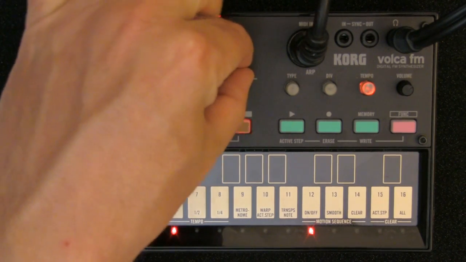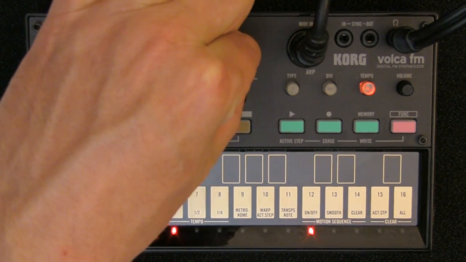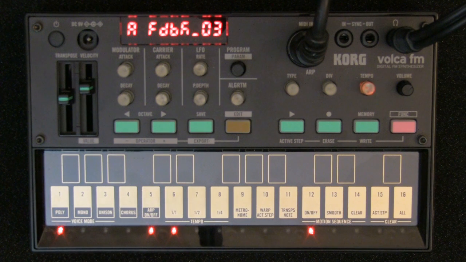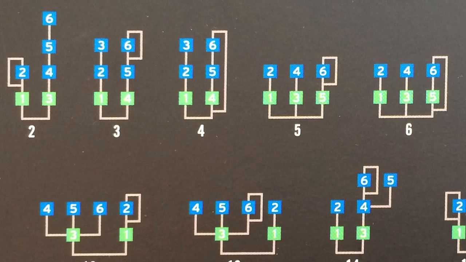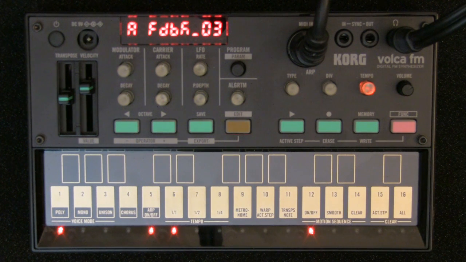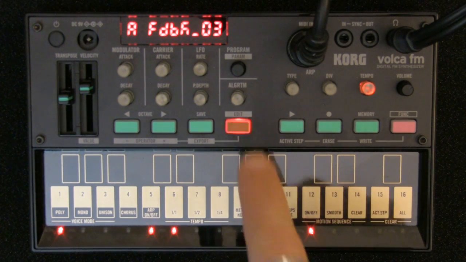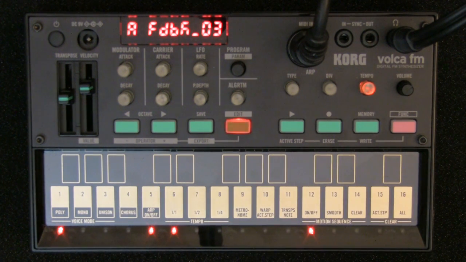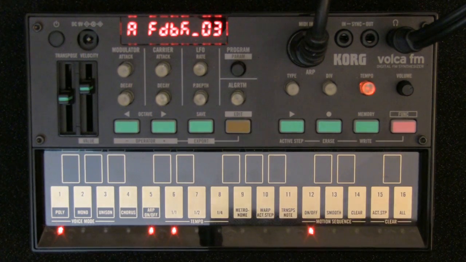Beyond that, we have feedback. Now, if you look back at your algorithm card, you'll see that some of the operators have a little box around them. That means that that's a feedback operator, and if you have this feedback setting up, it's going to feedback on itself and create more distorted, interesting noises.